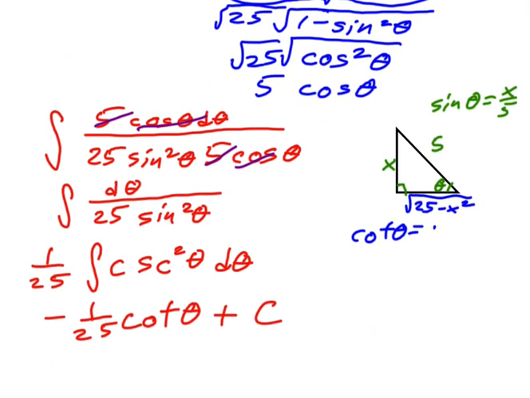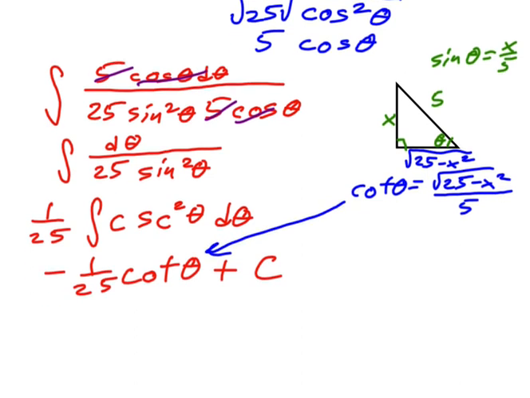So our cotangent is the adjacent divided by the opposite. So that goes in here. And so multiplying that by the, made a little mistake here. The opposite there is not a 5. The opposite there is an x.